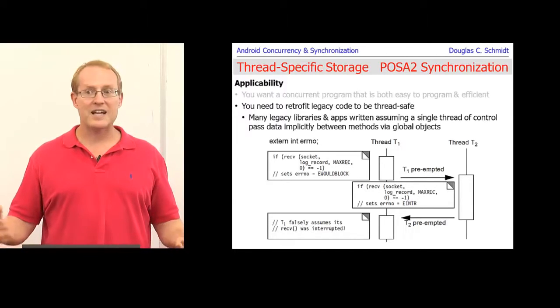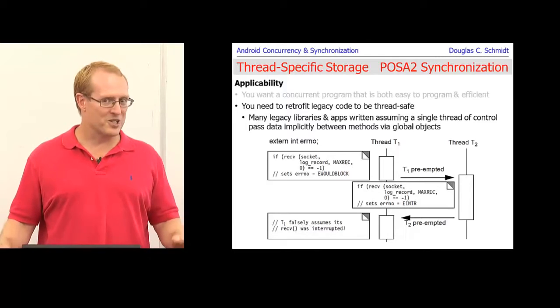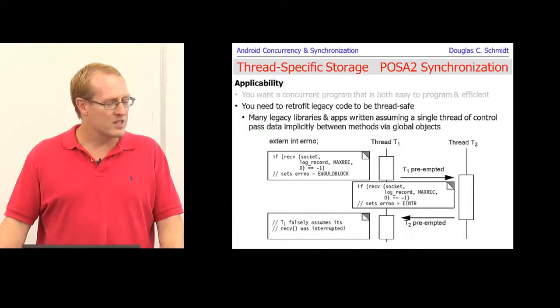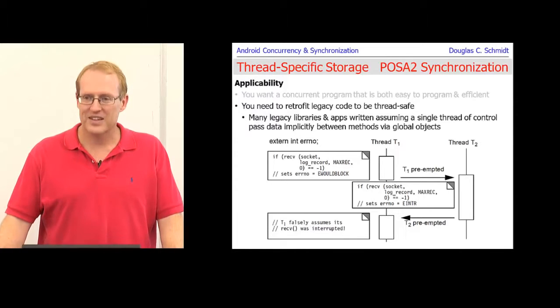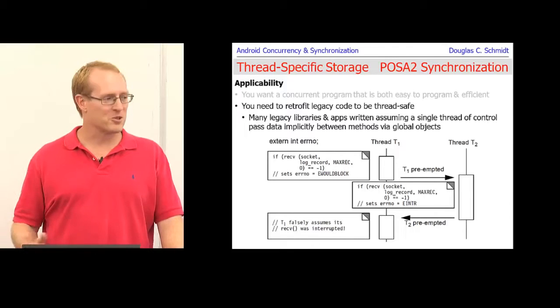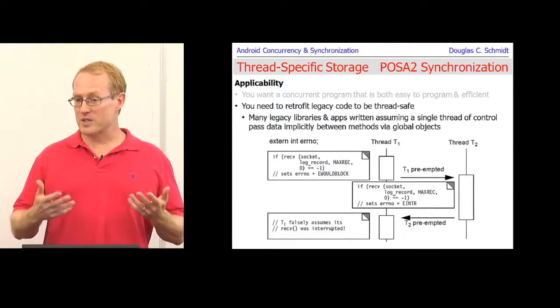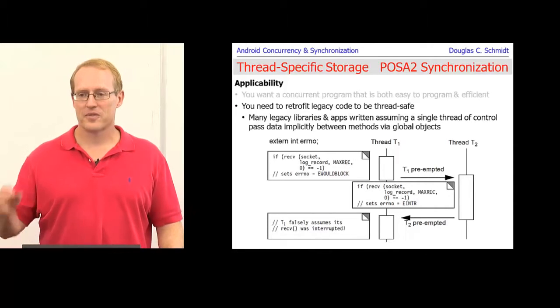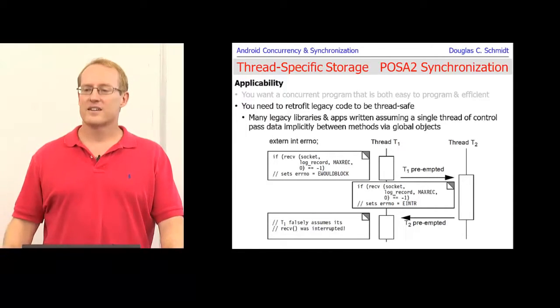But one of the classic examples where this is a big issue is in the context of errno. Does anybody know what errno is? You'd have to be a C or C++ programmer to really know errno, and sort of a systems programmer. Yeah? It's the integer that holds the last error number returned by some operation. That's right.